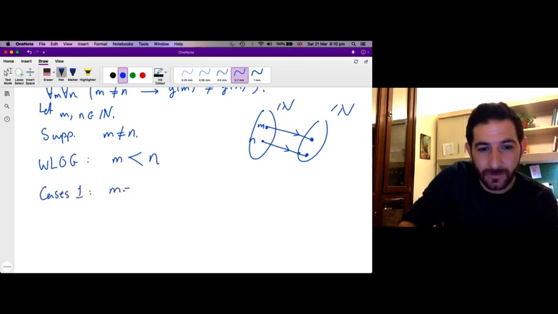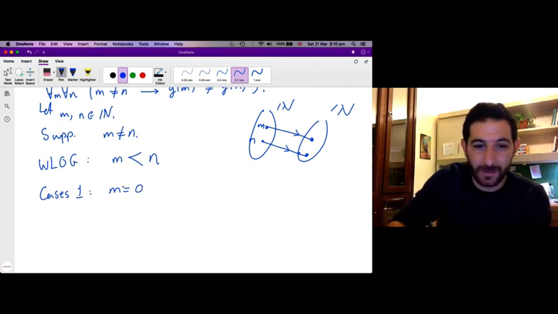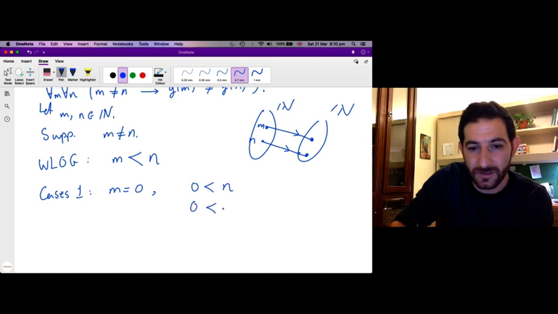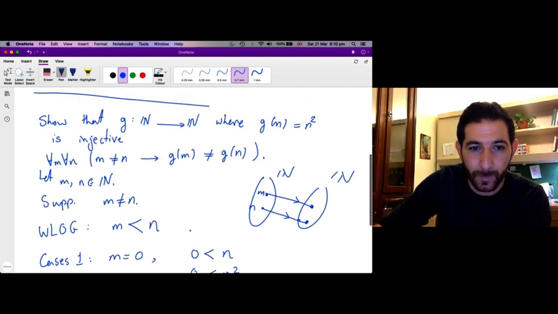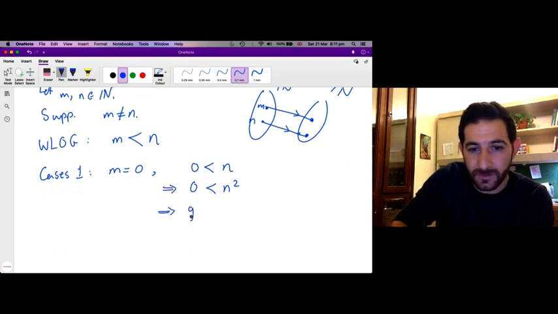that m is 0. Now if m is 0, this means that n is bigger than 0. Square both sides, then 0 is strictly less than n squared, and this 0 is g of 0, right? So g of 0 is strictly less than n squared, which is g of n.